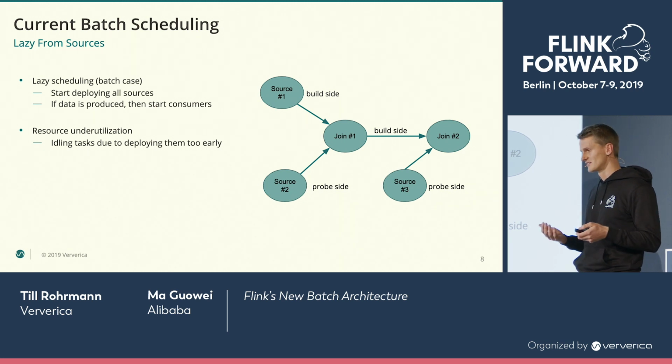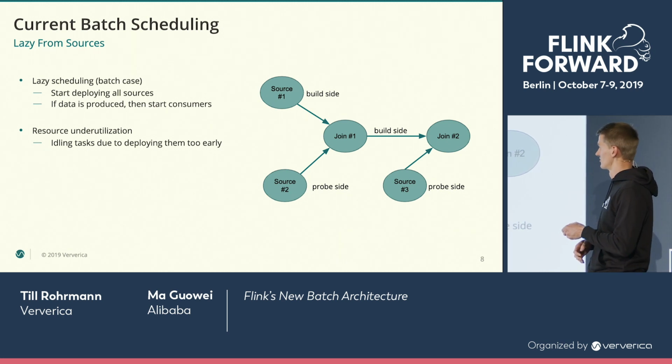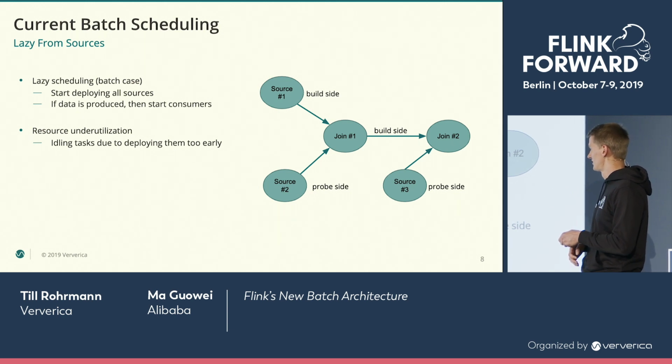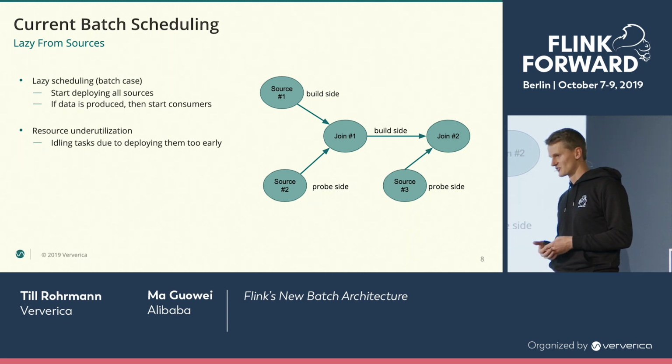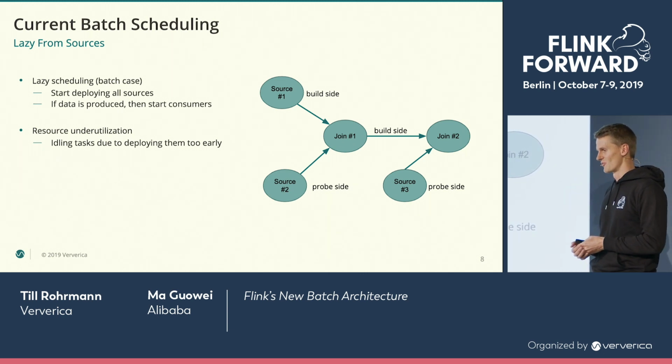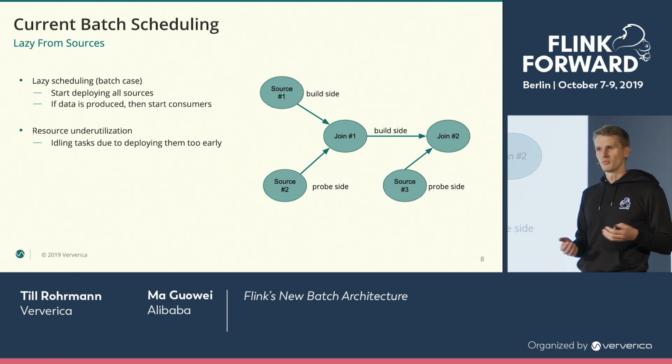So this basically means that as long as the first source hasn't been completed, it's no use of starting the second one, because this one would simply idle around because the join operator would only consume from the first source operator. This clearly consumes resources which you don't need at this point in time, so it's a waste of resources.